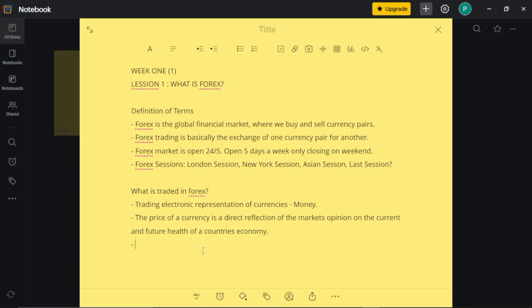That is basically what it represents. So it's a reflection of the condition of that country's economy, as opposed to the other country, right? So Forex is traded in pairs, and that's another thing you have to also understand.